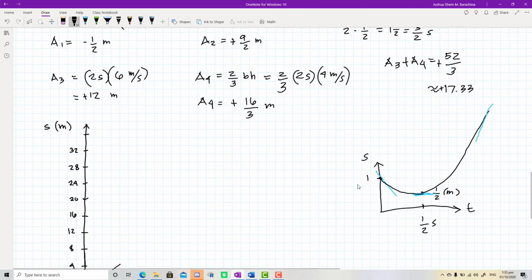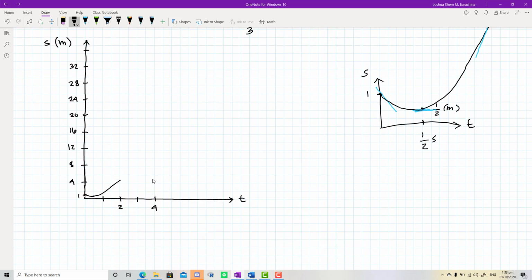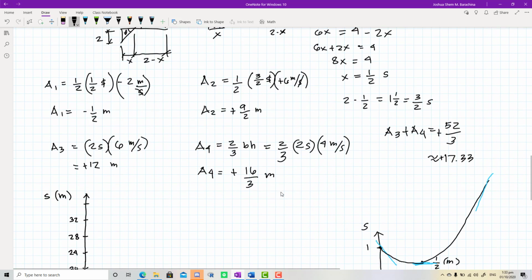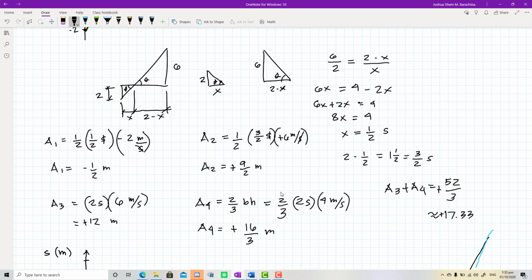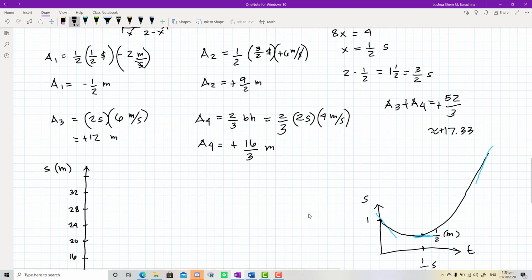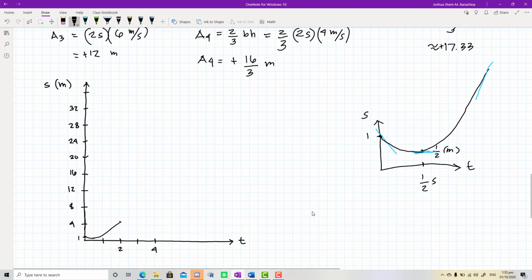So our reference is at 5 here, and then we will add 17.33. So 5 plus 17.33 is equal to 22.33. So we will end at 22.33 at time equal to 4, and that would be here.